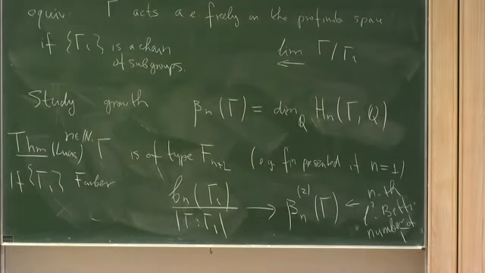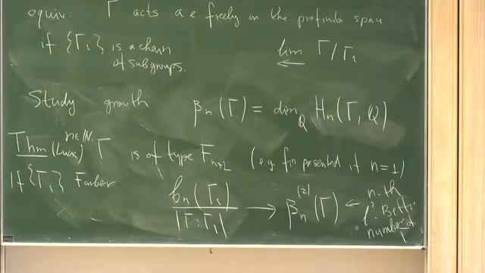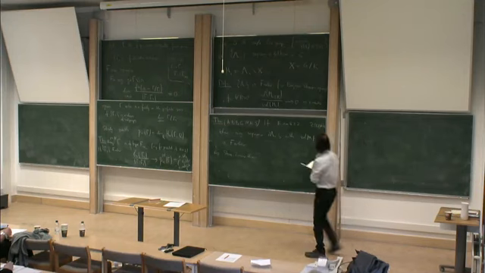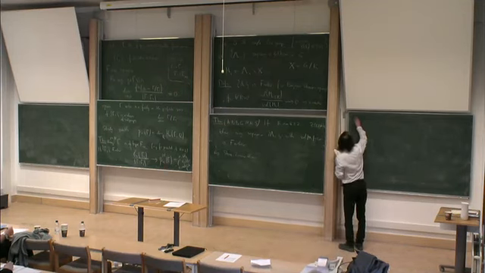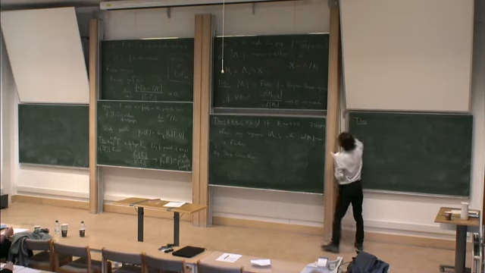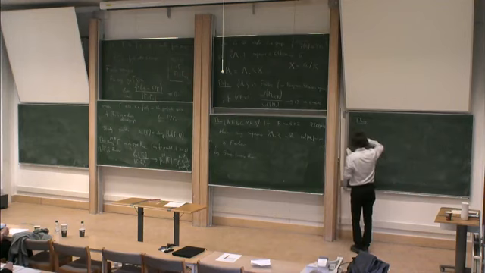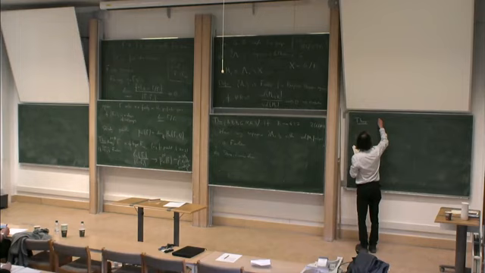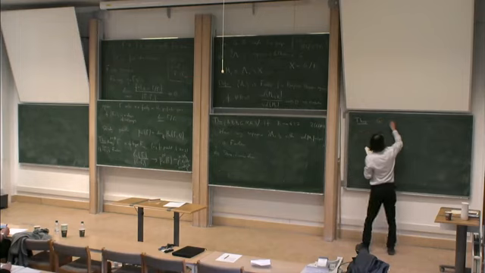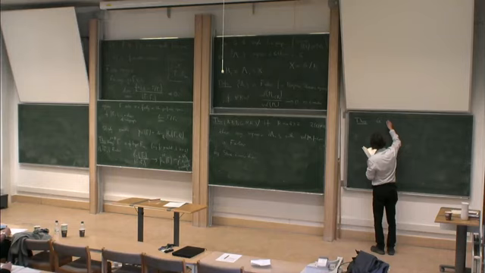Now, what happens here? Can we do something similar? And the answer is yes. So now, another theorem, again of these 7 people. Suppose now that G is a Lie group.